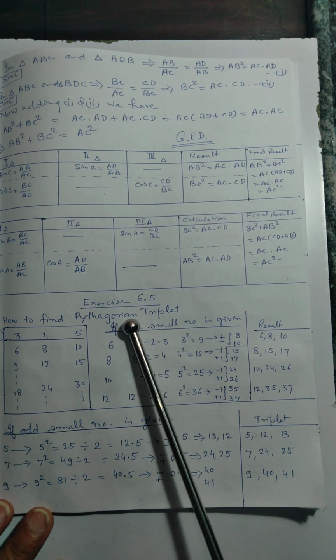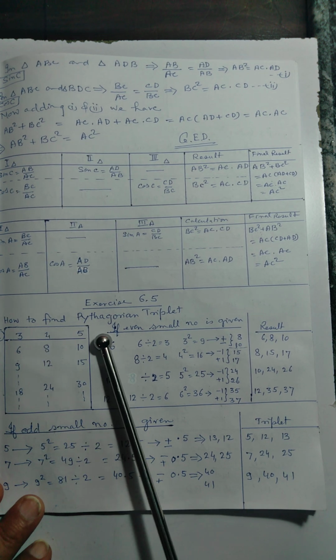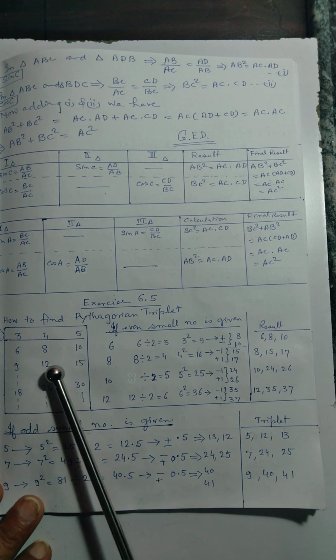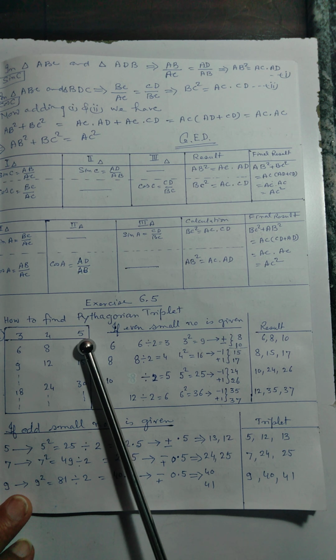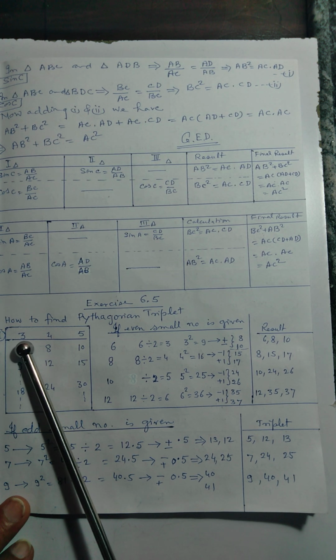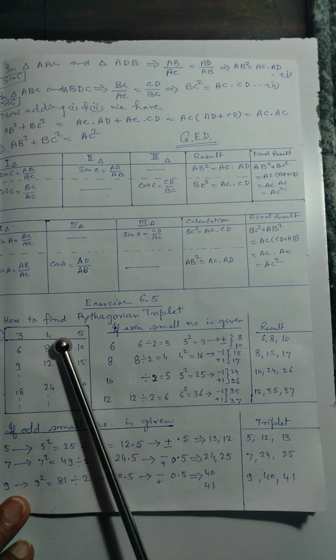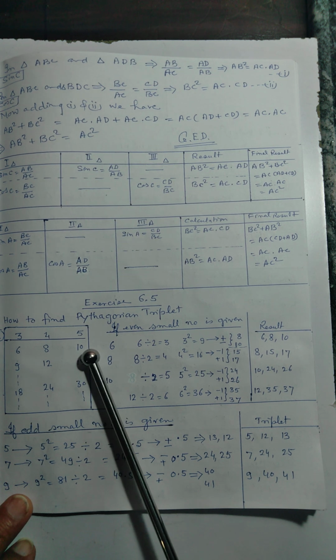Before proceeding, I would like to tell you how to find the Pythagorean triplet. You see, 3, 4, 5 means square of 3 plus square of 4, that is 9 plus 16, is equal to 25. What will be the square of 5? That is 25.